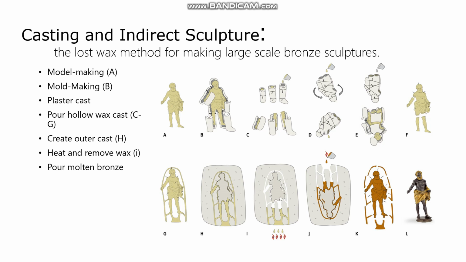That is one way, but from there, like you can see here, once you have the cast, the cast is the outside, but then we also have to make an inside cast, right? So we make a wax cast and then make the inside cast, and then down here, this final stage, when the whole cast is made together, then you fill it again with wax, right?